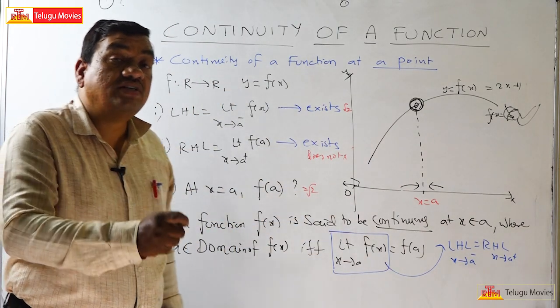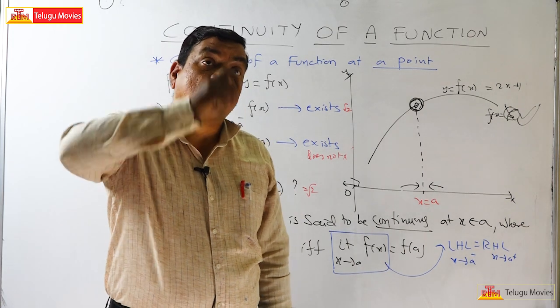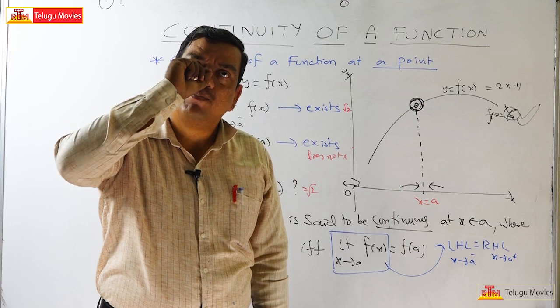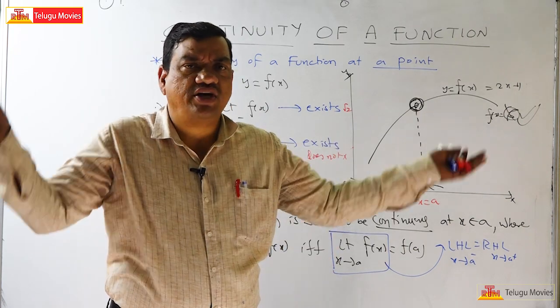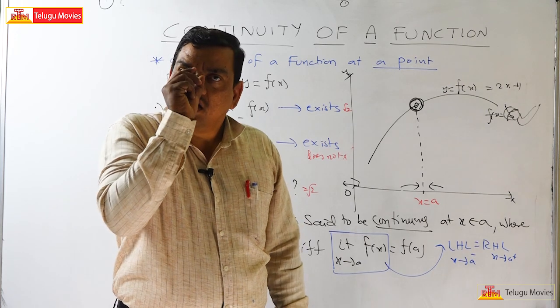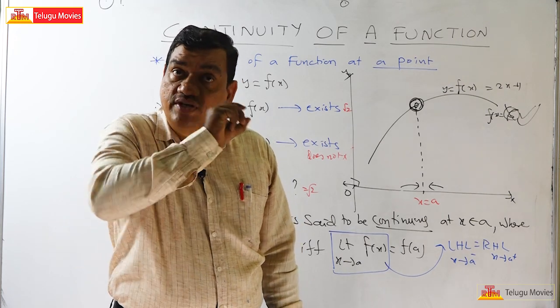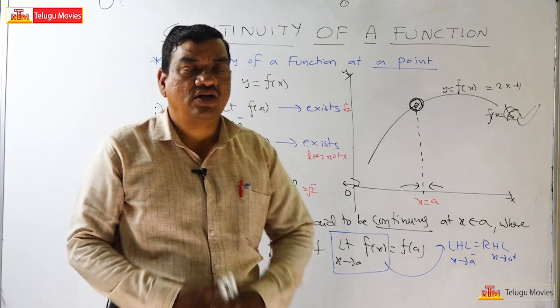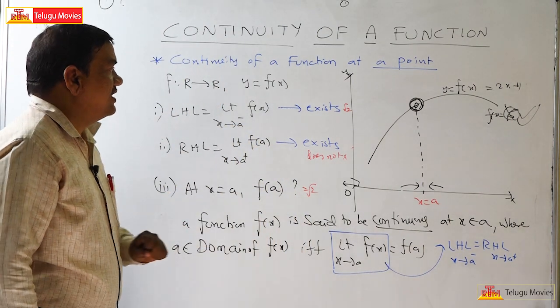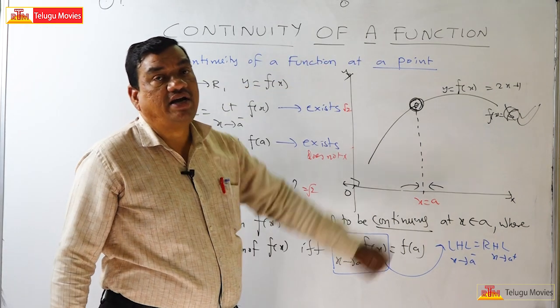Then only we say that the function, the curve, is continuous at that particular point. We are not bothered about the left side or right side elsewhere. Understand this? So I hope you understand this concept. I am discussing at a point.